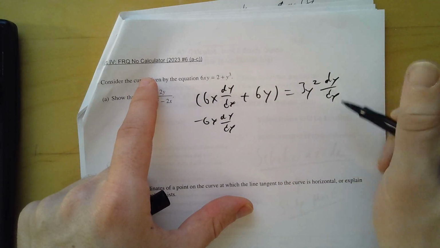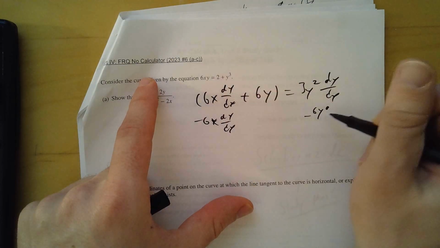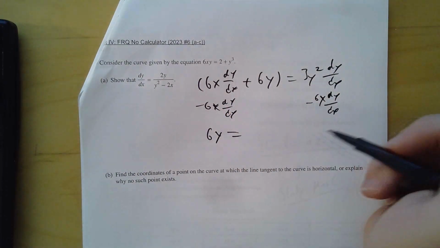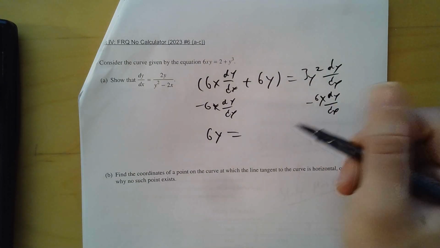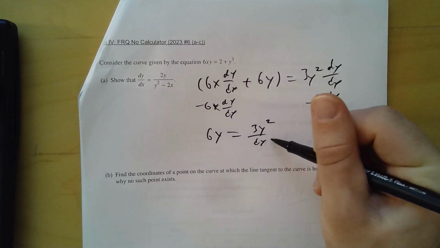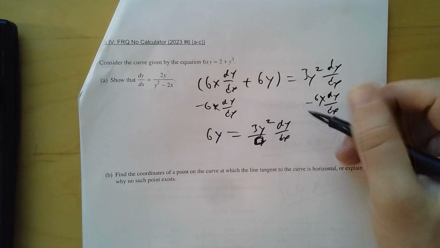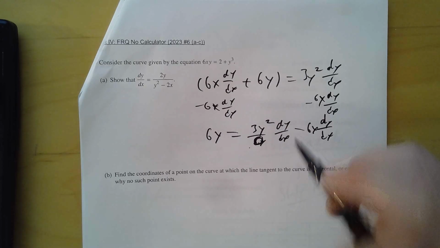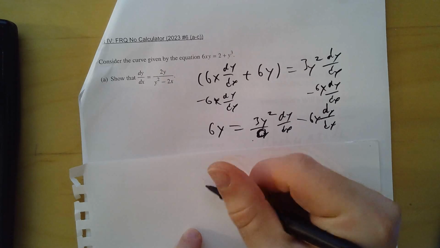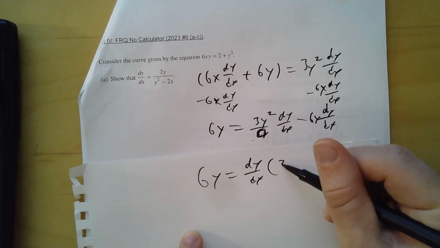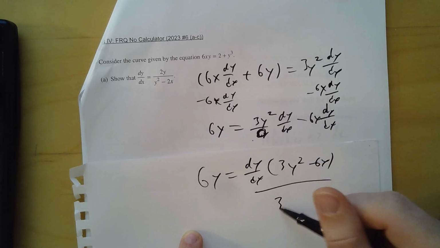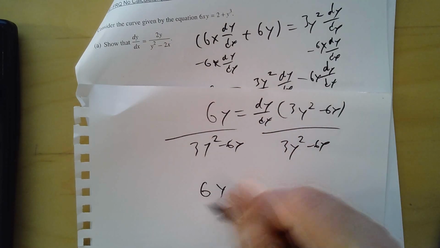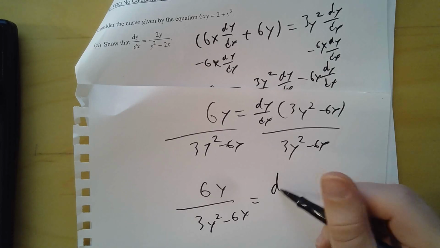So when it all comes down to it, we'll have 6y equals 3y squared dy dx minus 6x dy dx, and then I will factor it out. 6y equals dy dx, parentheses 3y squared minus 6x, divide both sides by 3y squared minus 6x, so 6y over 3y squared minus 6x equals dy dx.